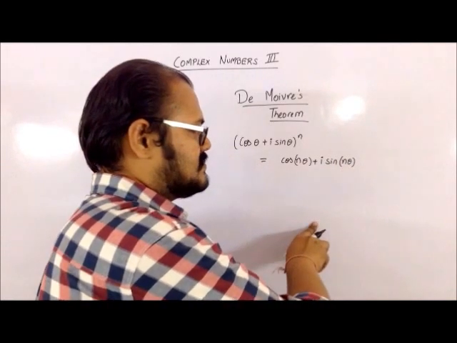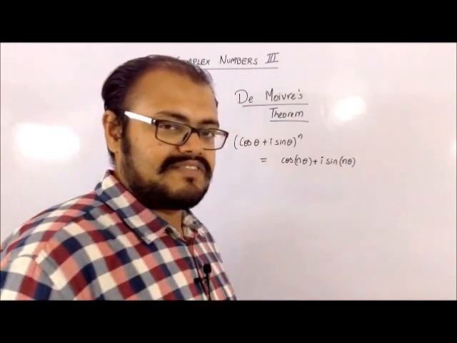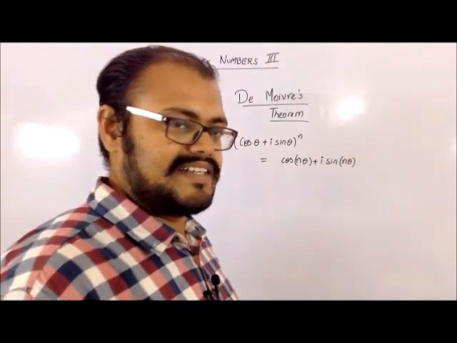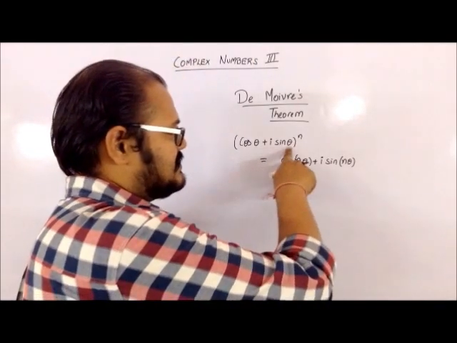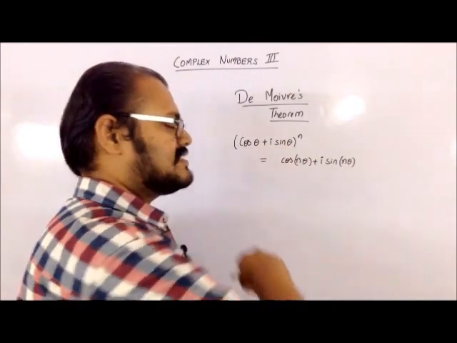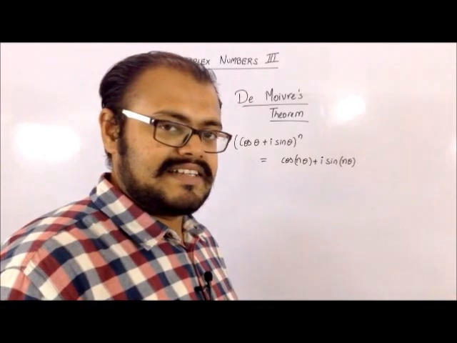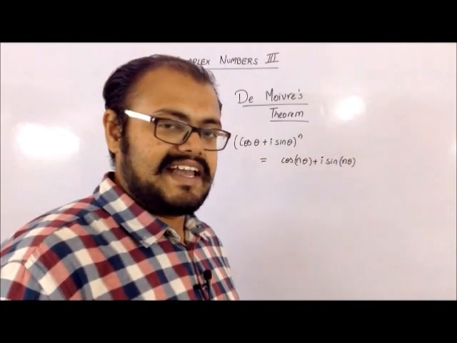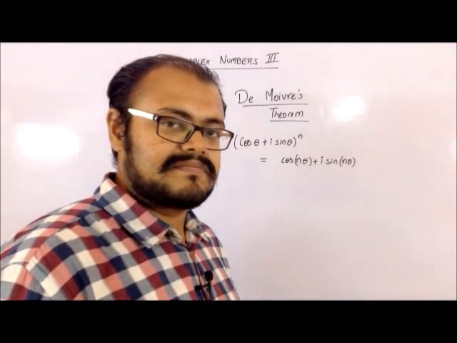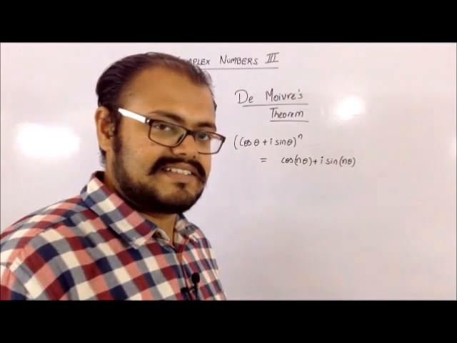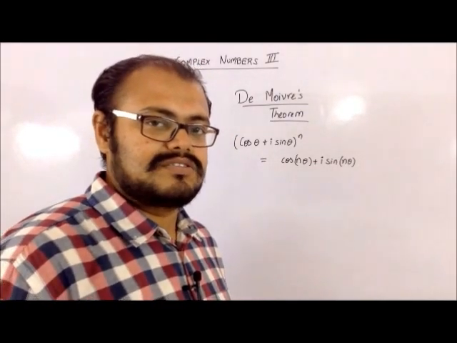Now if you observe over here, whenever you have to apply De Moivre's theorem, the first thing you have to understand is that the angles inside the cos and the sin are the same angles. If you have one angle as theta and the other angle as phi, then that cannot be applicable over here. In De Moivre's theorem, in both the cases, you need the angles inside the sin and the cos to be the same.